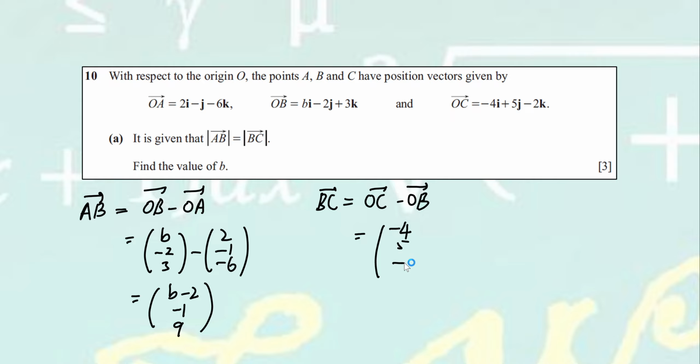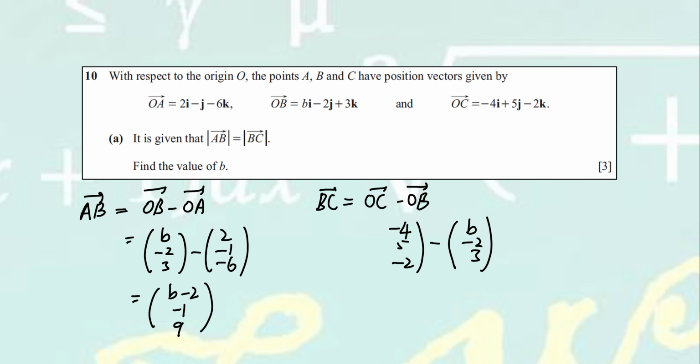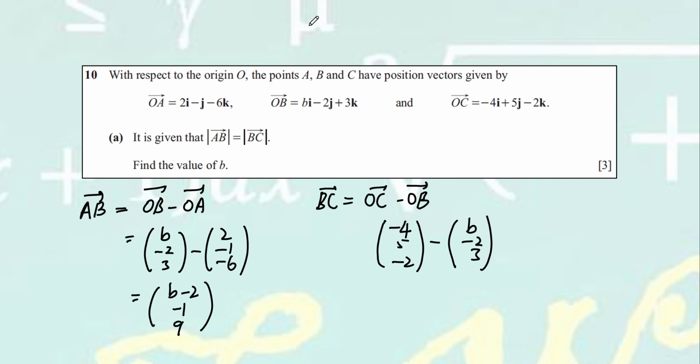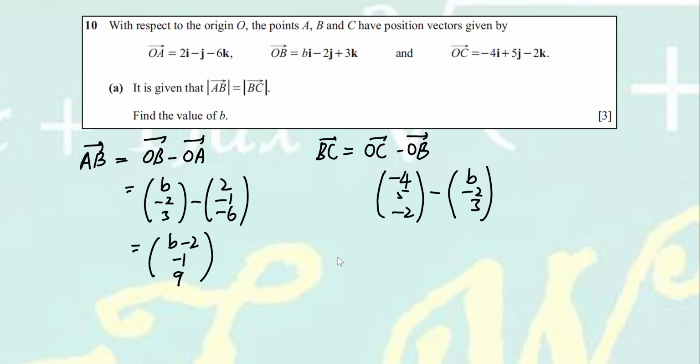Minus 4, 5, minus 2, minus the OB will be B minus 2, 3. Okay, then this is going to be minus 4 minus B, 7 minus 5.